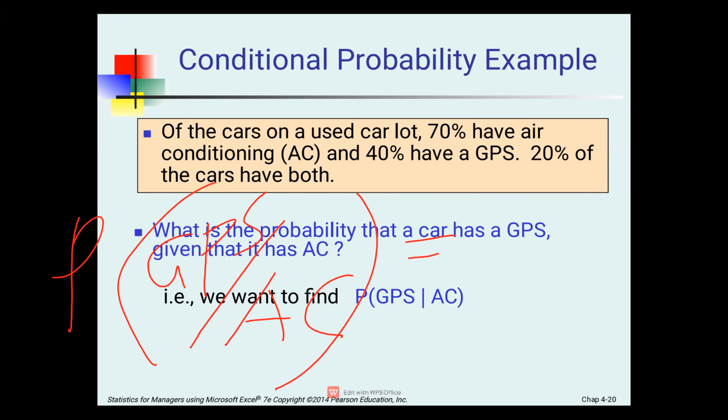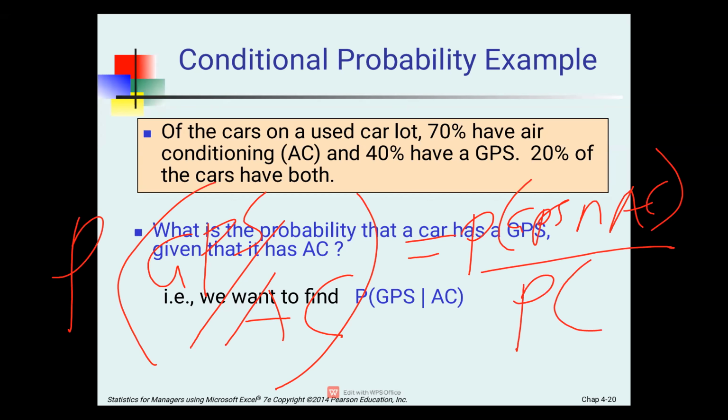It will be equal to the probability of GPS intersection AC divided by the probability of the condition. So we're going to say it's the probability of GPS intersection air condition over the probability of AC.